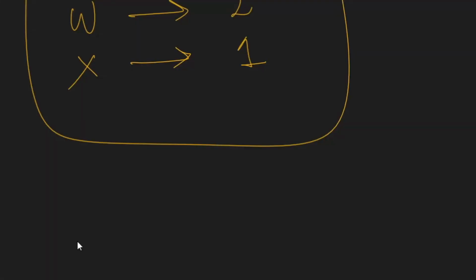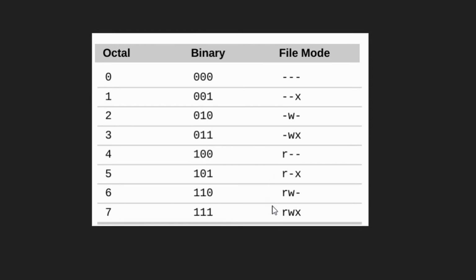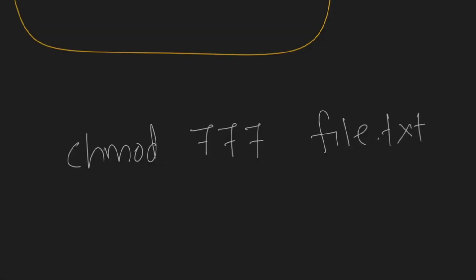So what exactly does it mean, or how do we use it? For example, if you do chmod 777 file.txt. So remember, this octal value is for per character. What I mean is, when you give it like chmod 777 filename.txt, the first one is for user, the second one is for group, and the third one is for others.